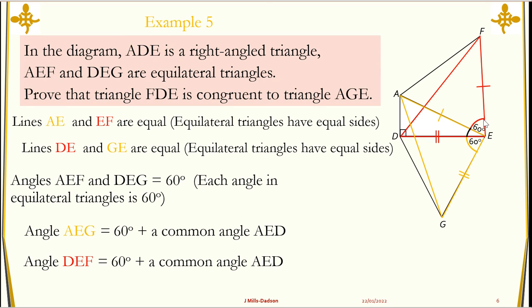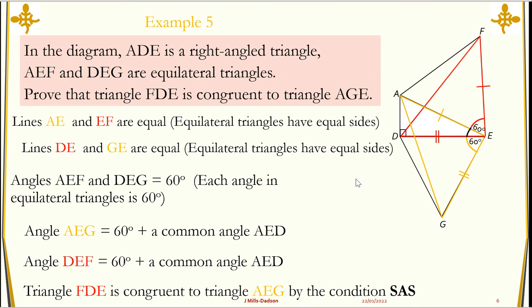So that makes this angle equal to that angle. This angle is equal to that angle. And if that is so, we can say the two triangles are congruent by the postulate side, angle, side. And that brings us to the end of lesson 2 on congruent shapes.